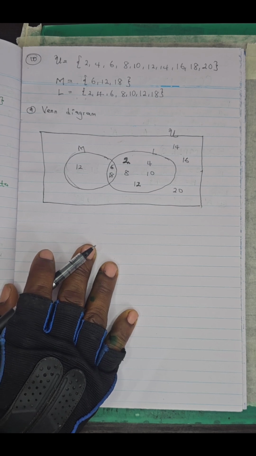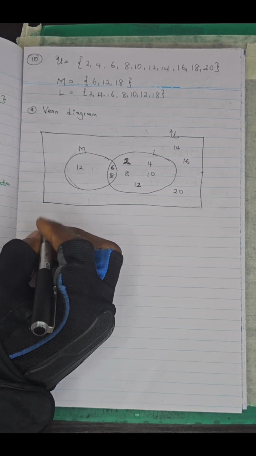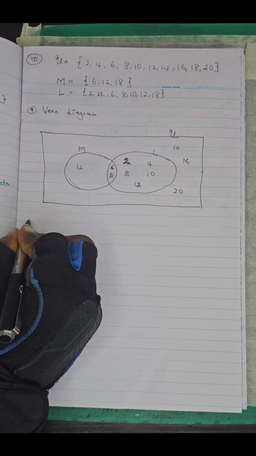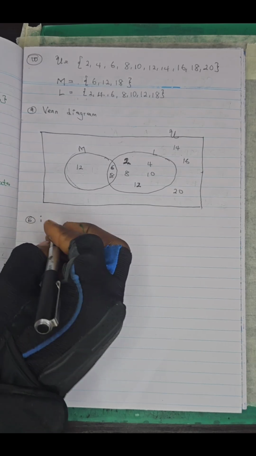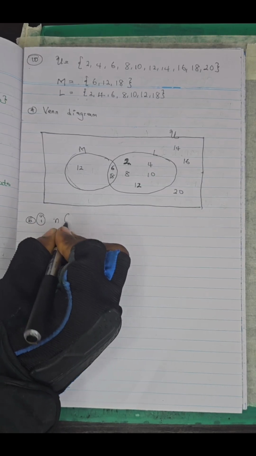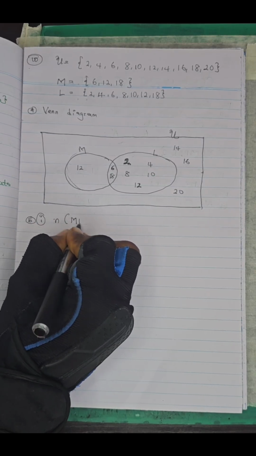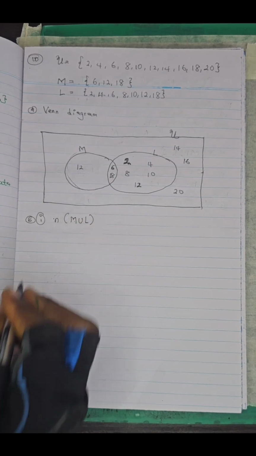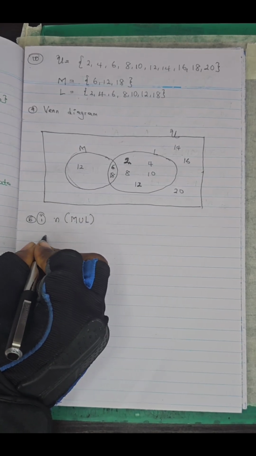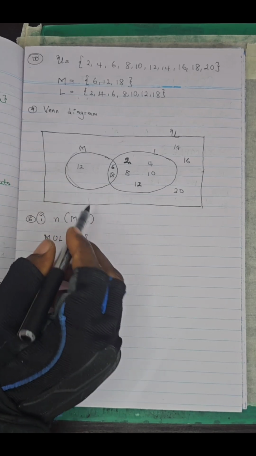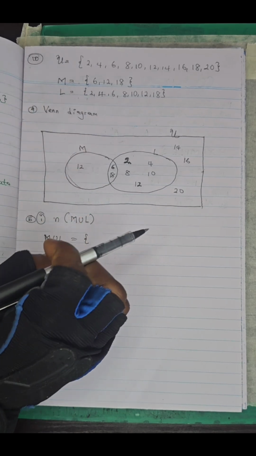The next question we are asked, in our question 10, part B I, is to find the number of M union L. First of all, let's look for M union L. M union L is what M and L have, combining M and L without repeating.